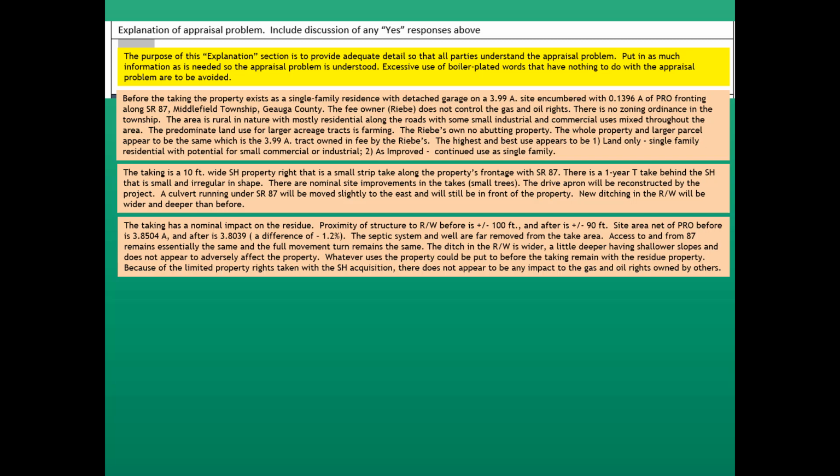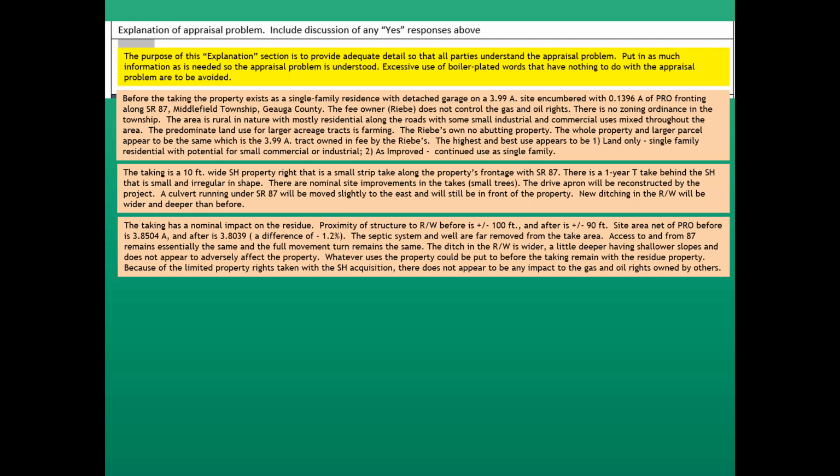Proximity of structure to right-of-way before is plus or minus 100 feet, and in the after it's plus or minus 90 feet. The site area net of PRO before the taking is 3.8504 acres, and after is 3.8039 acres, a difference of negative 1.2%. The septic system and well are far removed from the take area.